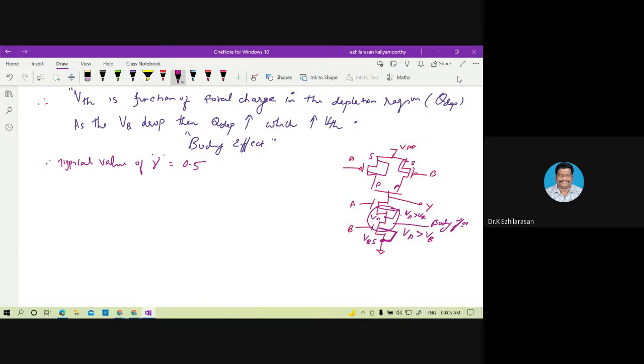Now we need to write from the expression we previously wrote for the threshold voltage.